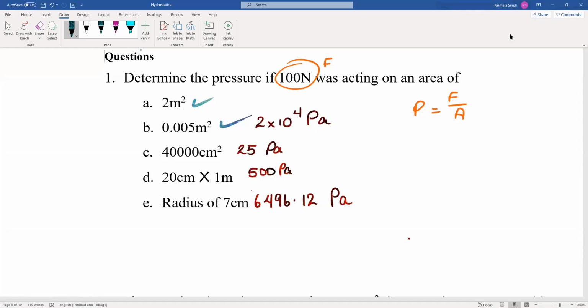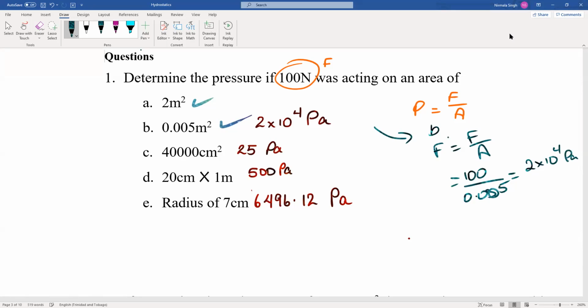For question B, I want to find my pressure, which is equal to force over area. So that's going to be 100 divided by 0.005. You're going to end up with 20,000 or 2 by 10 to the 4 pascals.